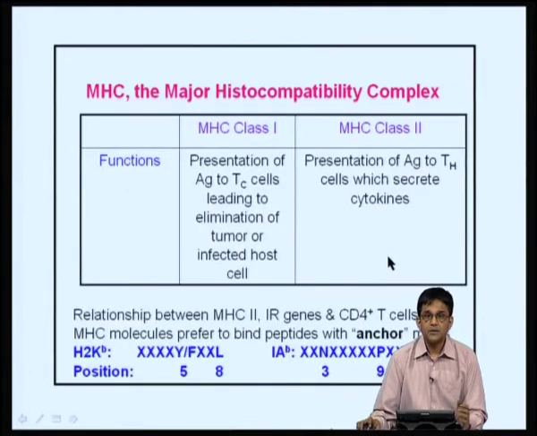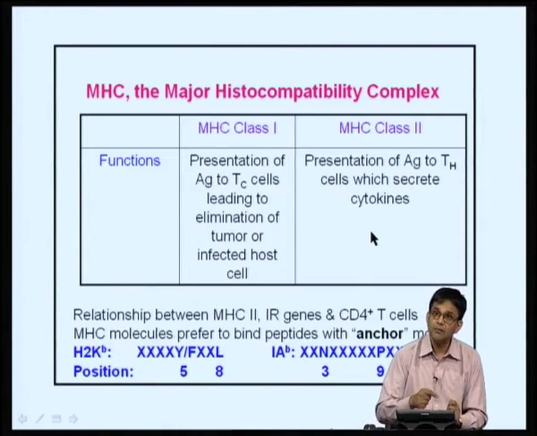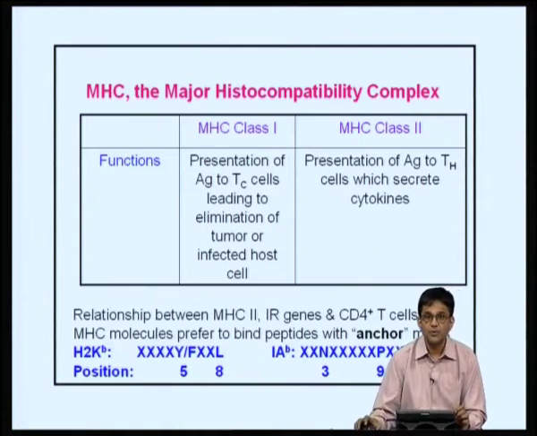MHC class 1 presents antigen to CD8 positive cells, leading to generation of cytotoxic T cells, which are important in elimination of tumor or infected cells. MHC class 2 presents antigens to helper T cells, which secrete cytokines, and these cytokines in turn influence the B cell response.